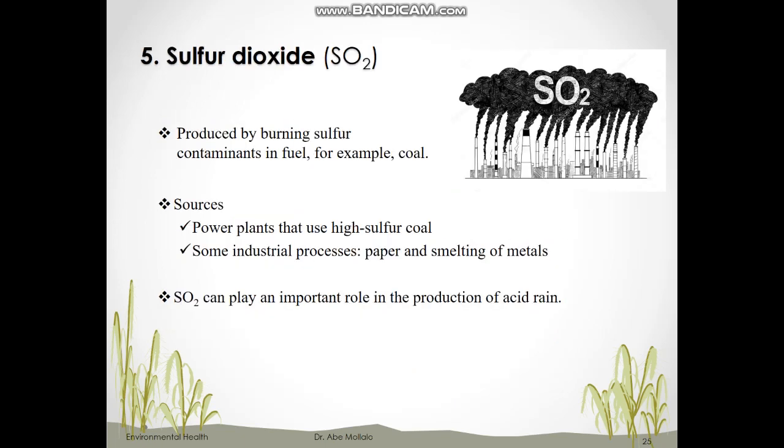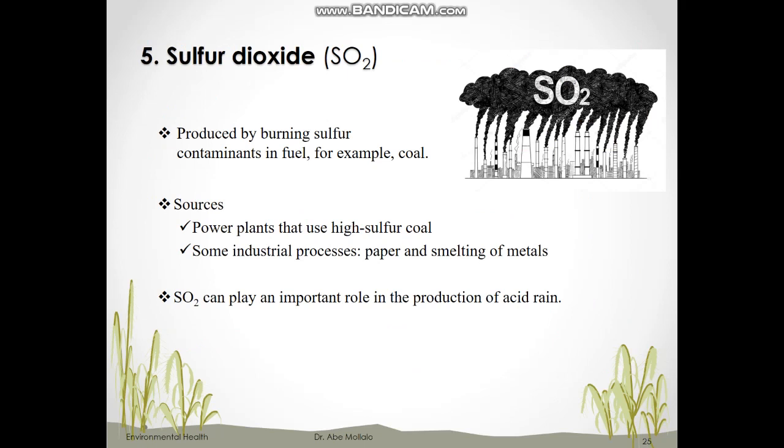The next criteria air pollutant is sulfur dioxide. Sulfur dioxide is a gas that is produced by burning fuel that contains sulfur. An example is coal. Sources of sulfur dioxide are power plants that use coal, particularly when there is no efficient emission control of sulfur dioxide.